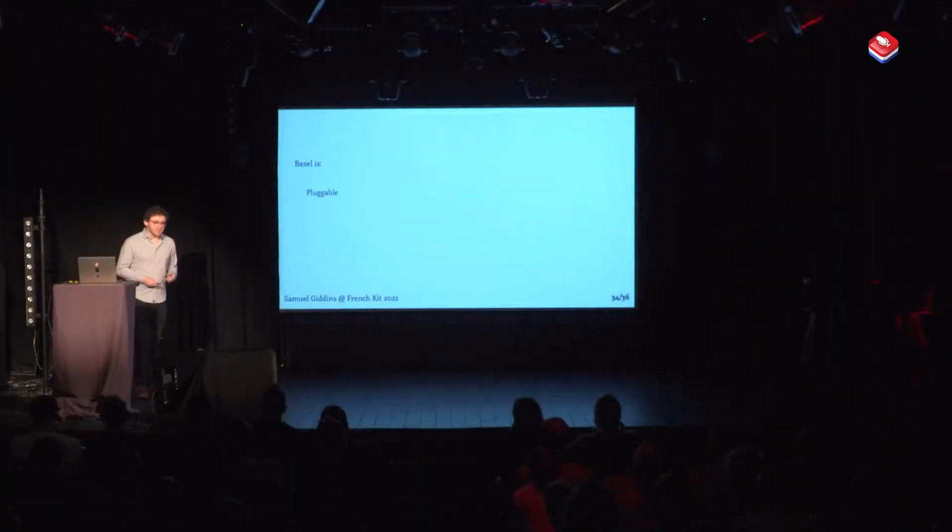So Bazel is a pluggable build system. What that means is you're not limited to a predefined list of things you can build. Let's say you were adventurous and you wanted to build an Android application with Xcode. I don't know why you'd want to do that, but if you were interested in it, you can.